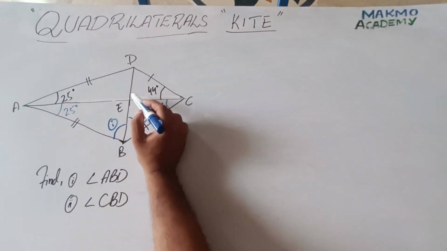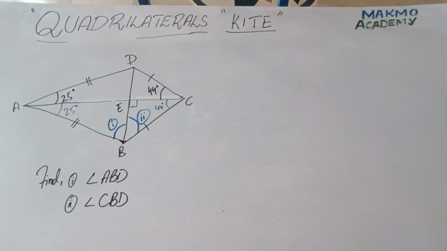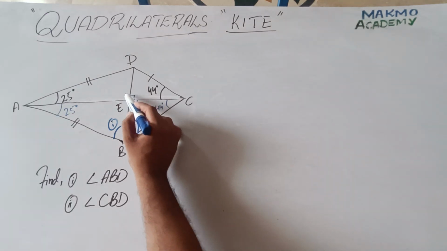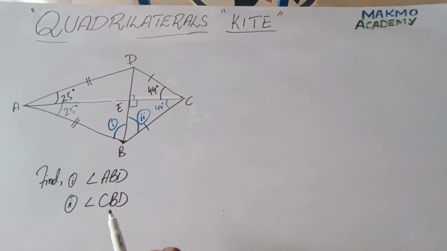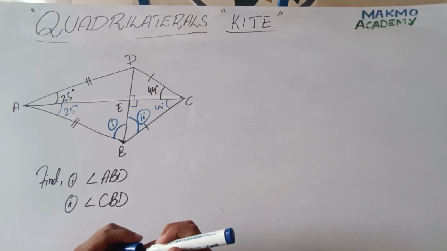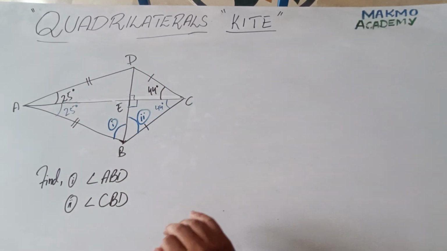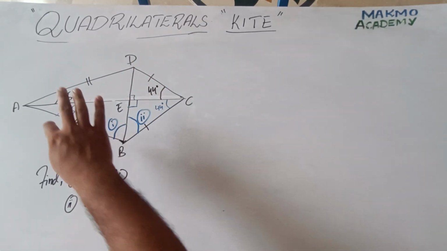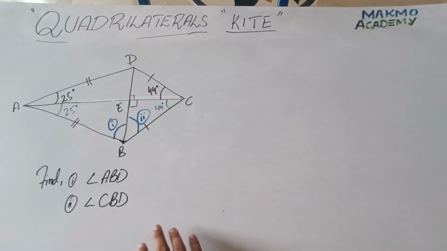And there is one thing more, that in the case of a kite, diagonals intersect each other at 90 degrees. So 90, 90, 90, 90. These all four are forming 90 degrees with each other. Now I think this is very simple. 90 plus this plus 25 is equal to 180. 25 plus 44 plus this complete angle is equal to 180.